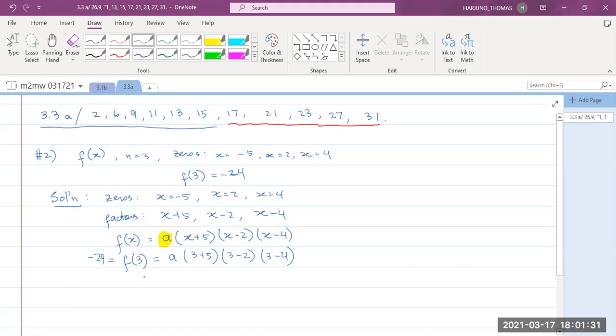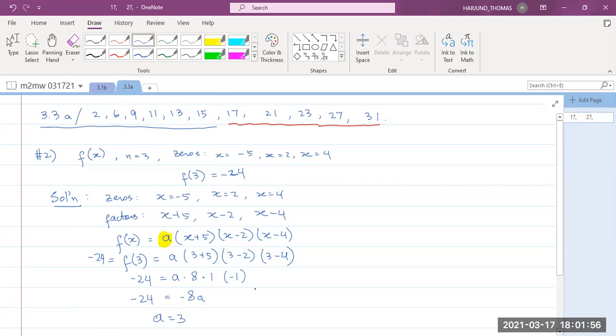So -24 equals a times 8 times 1 times -1. So -24 equals -8a. Okay, therefore a equals 3.